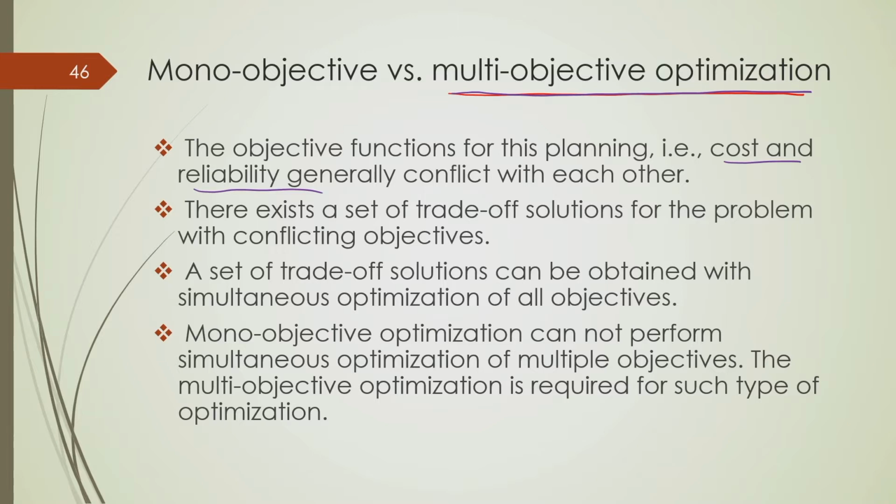Total cost refers to the total investment and operational cost, and total interruption cost is basically the cost associated with all sorts of faults or interruptions. When we have this kind of conflicting objectives, we use the multi objective optimization approach.